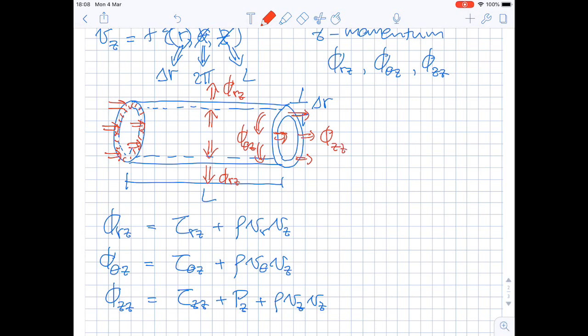Alright, if you analyze, we know that VR is 0, V theta is 0, Vz is not 0, so this term must be kept. Okay, for tau we need Newton's law.